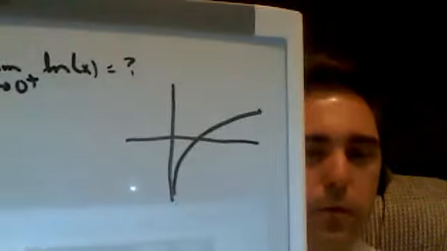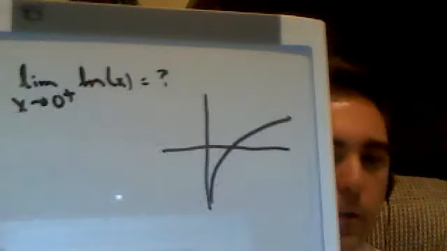I'll go on ahead and draw the graph for you. Here's our graph. So we're expecting that the values of the natural log of x as x gets closer and closer to 0 are just going to become more and more negative. And we can see that that is precisely what happens.